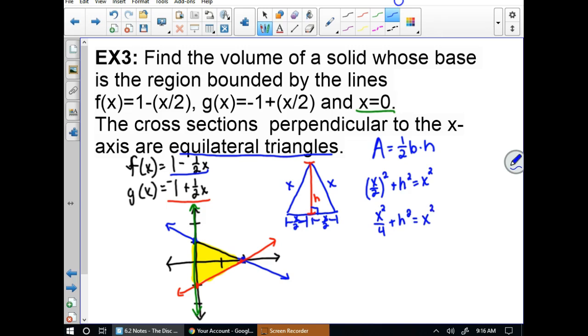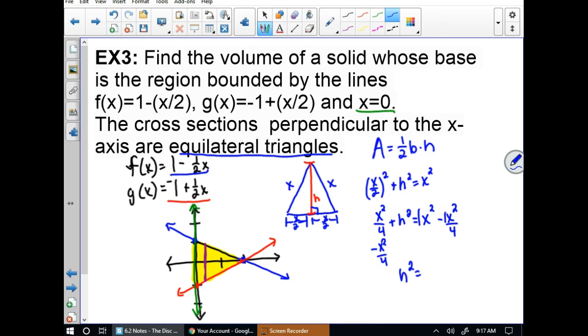And we want to solve this for h, because x here can be the distance between the, we can let that be our x or base or whatever you want to call it. So we need to solve for h so we know what the height is. We're going to subtract that x squared over 4. So we get h squared equals 1x squared minus 1/4 x squared.